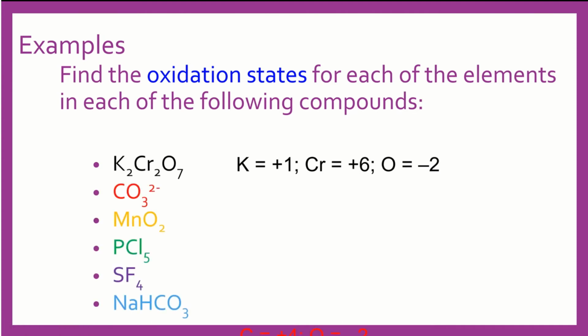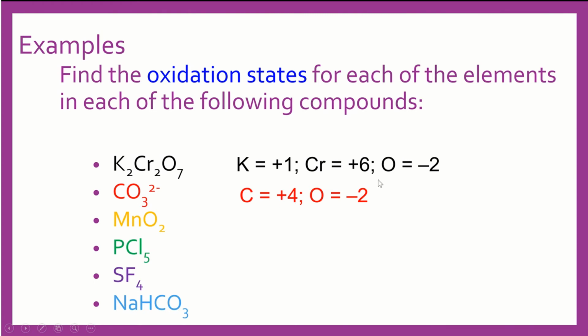Wow, a whole bunch more. So we have CO3 2-. Again, start with oxygen. Oxygen has a -2 oxidation state. There's 3 of them, so that's a total of -6. Because the overall ion has a -2 charge, I know that there must be 4 positives to get me back from -6 to -2. So that must mean carbon has the positive 4.